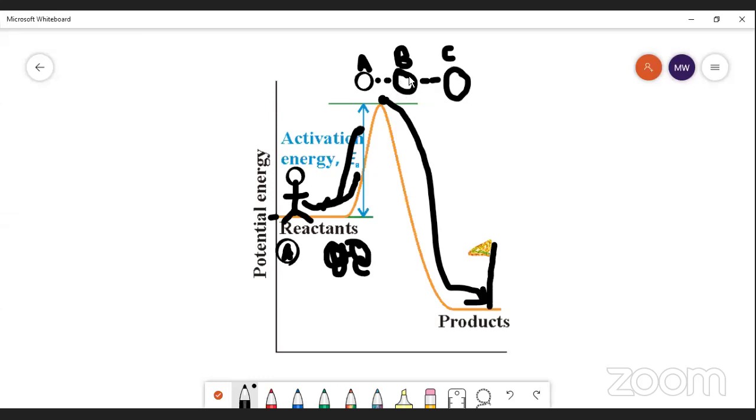And then once they've had enough energy for these bonds to break and new bonds to form, you will end up with a new product, which would be A bonded to B, and C will be alone. Does that make sense? Please say yes, someone.